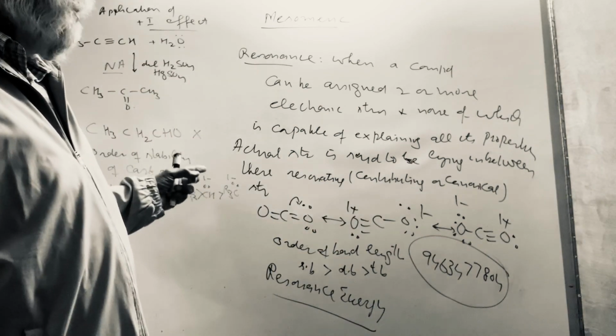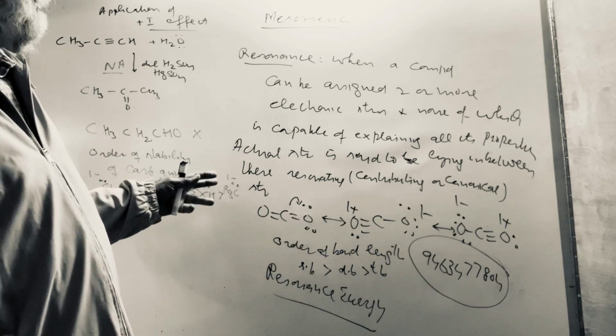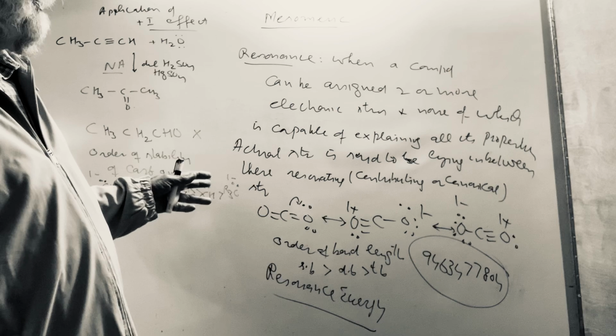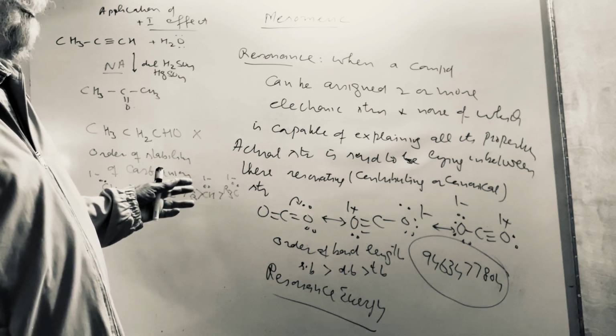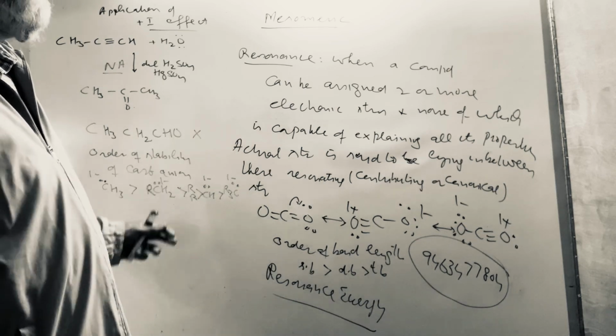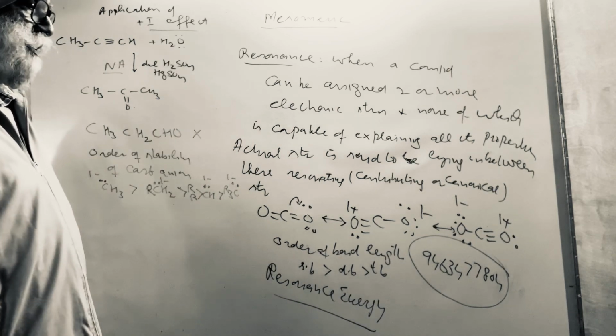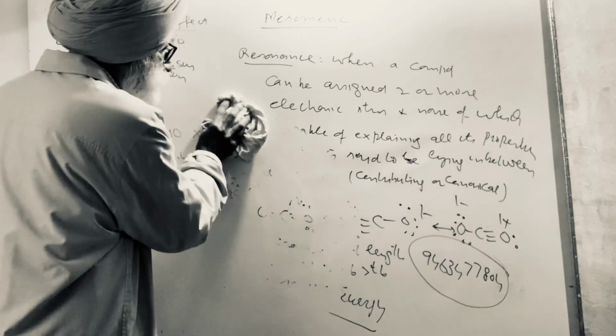How does it prove that these are all contributing? When you see the bond length between carbon and oxygen is neither corresponding to a single bond, nor to a double bond, nor to a triple bond. As a result, this is the example of resonance. Let us continue with this.